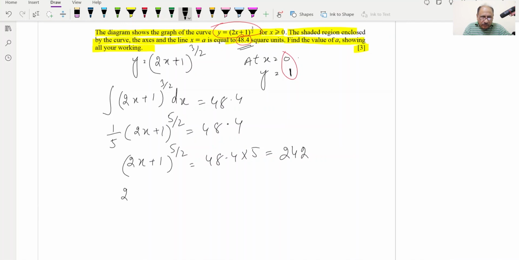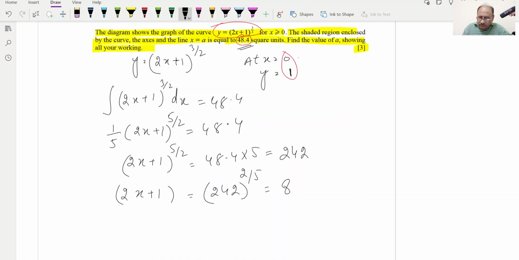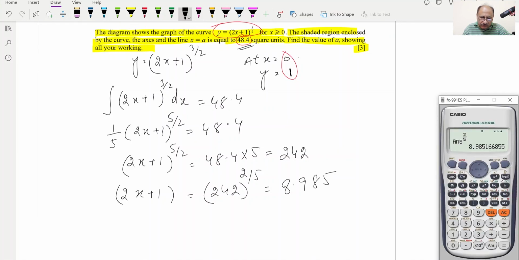And now to find the value of x, for 2x plus 1, we'll take power 2 by 5 on both sides, so 242 raised to the power 2 over 5, and this will be equal to 8.985. I have taken it up to 3 decimal places.